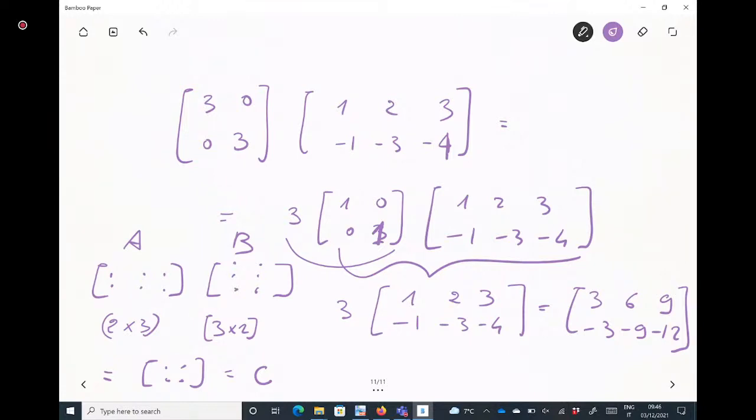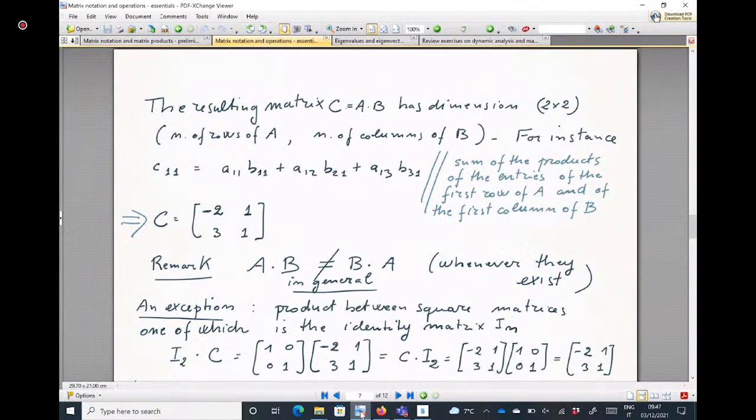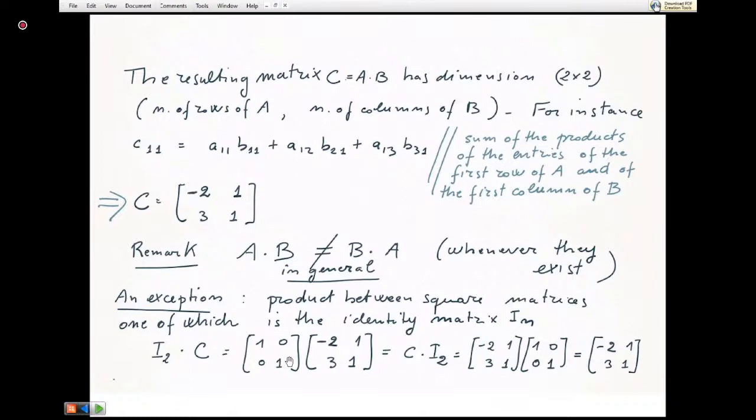And also, if they are square matrices of the same dimension, you can compute both one way and the other way, but in general they are different, okay? The result will always have the same dimension, but in general they are different. So this is basically the reason why. There are a few exceptions. One is when you multiply a matrix by the identity matrix, so you can multiply in this order, identity times our matrix, or our matrix times identity, and the result is always the same, okay?